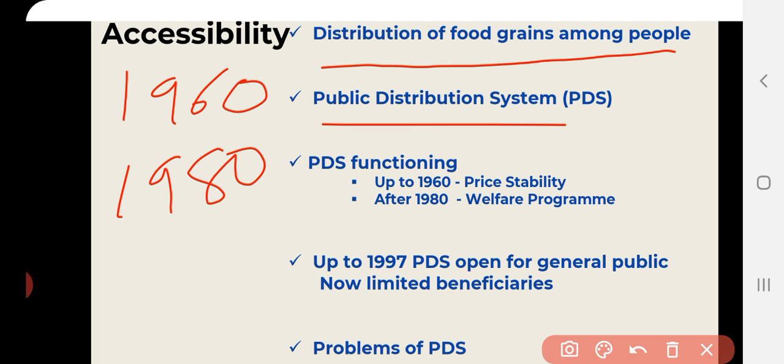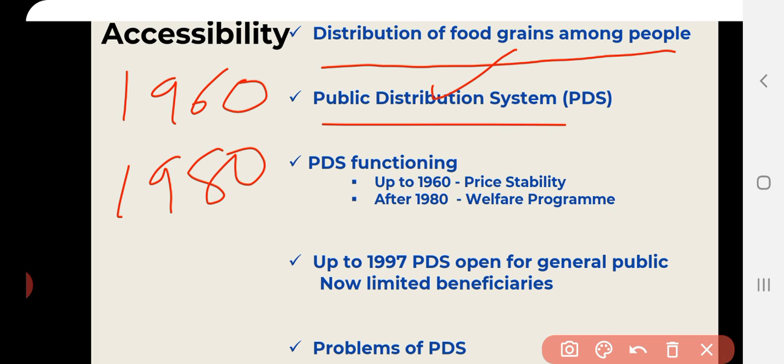These are the different variety of commodities the government started distributing to the general public of our country through this public distribution system. Means apart from food grain, as a part of the welfare program, government decided to distribute these different commodities to the general public.